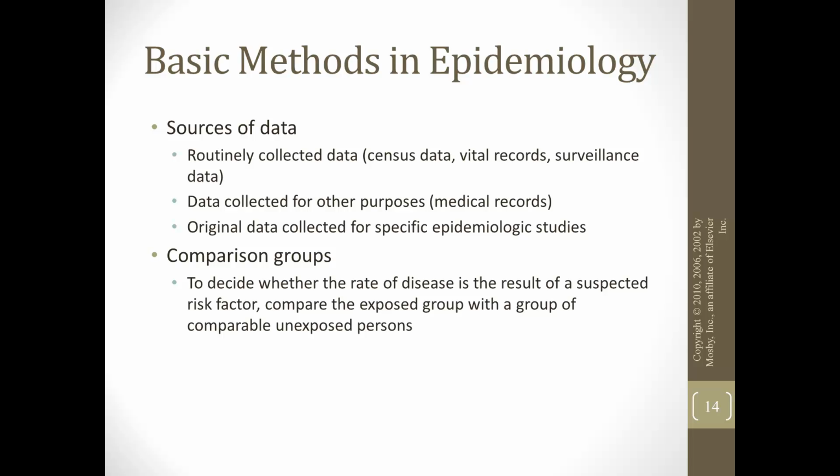Sources of data. Now, if you are an epidemiologist, or you're looking at epidemiology, you can do a variety of things. Some routine data collections include looking at census data, who lives where, what their ethnicity is, what their age is, vital records, birth records, and surveillance data.